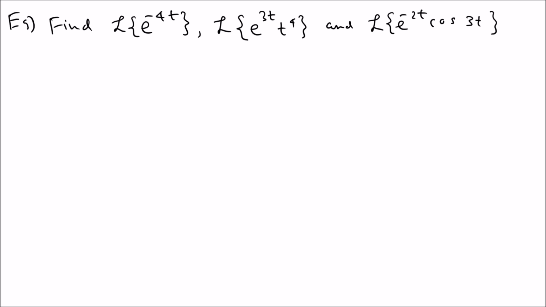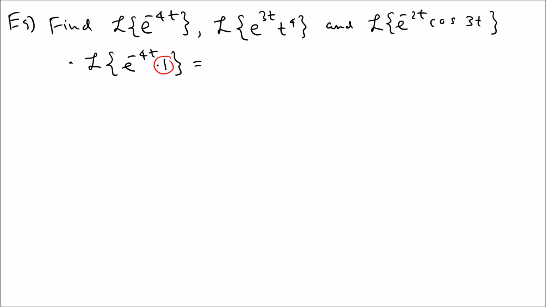The first one is a formula that we proved earlier, but we can see that it is coming from the shifting property. So we have e to the minus 4t, and we're going to say our function is actually 1 here. What we normally do is only think about the function, write its Laplace transform, and then do the shifting.